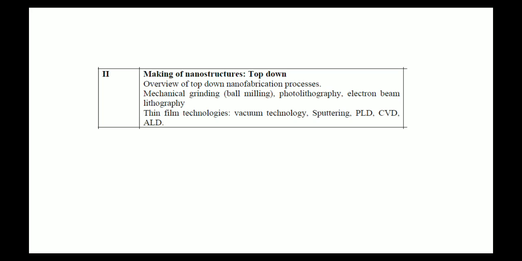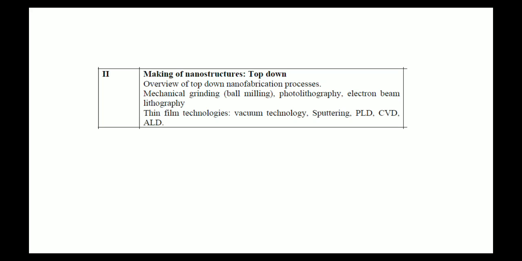You are aware of the nanomaterials and different types of nanomaterials, but now what you are going to learn is how to synthesize these nanomaterials, how to prepare them. What are the techniques which we can use to make these nanomaterials? That we are going to see in two chapters, the second chapter and the next third chapter.